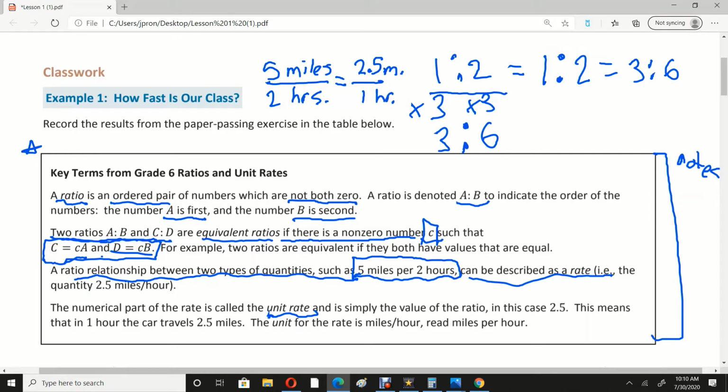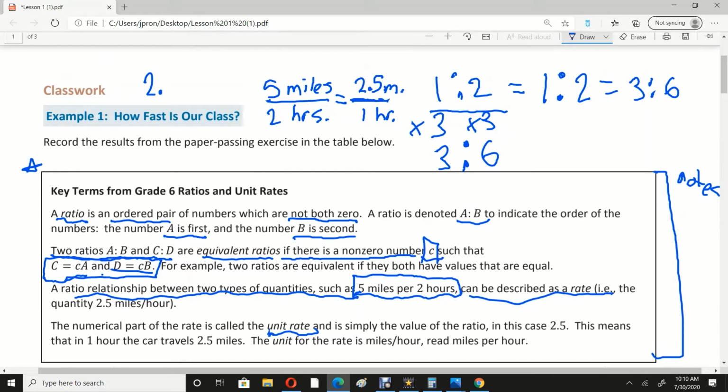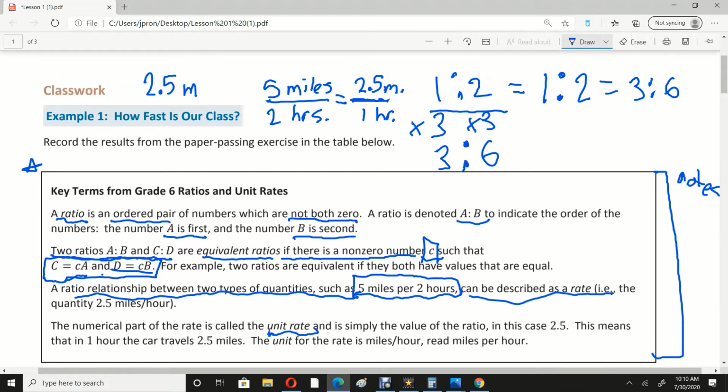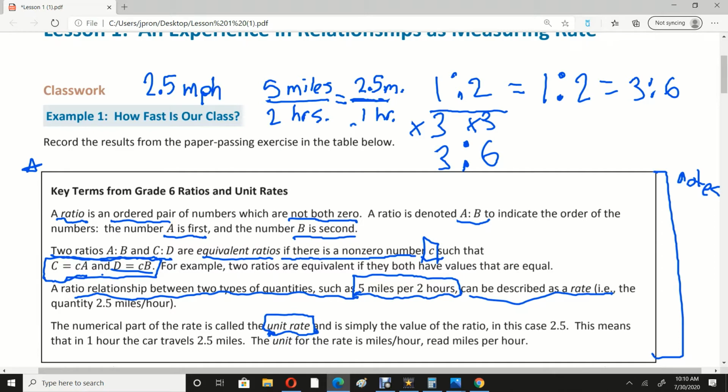Or at least those ratios are similar, right? And so the unit value here, if we're looking at this as a fraction, 2.5 over 1, well, it's just 2.5, right? 2.5 miles per hour. So a unit rate is the amount that can be done within 1 unit, in this case, miles per hour.